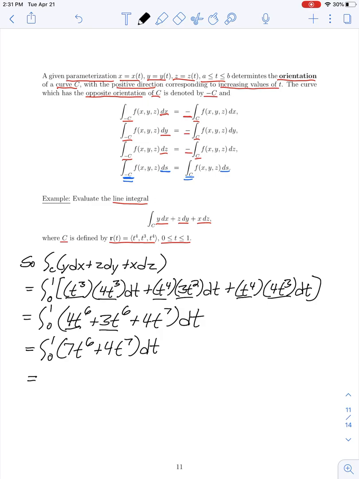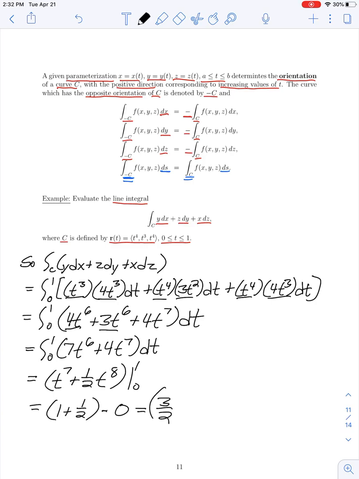So our antiderivative is then t to the seventh plus 1/2 t to the eighth from 0 to 1. Plugging in 1 for t, we're left with 1 plus 1/2, minus plugging in 0, we have 0. So altogether 3/2 would be our value for that line integral, where we're mixing our variables with respect to x, y, or z all in the same integral.